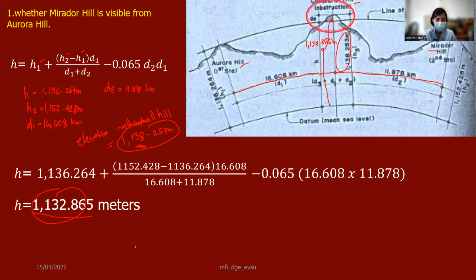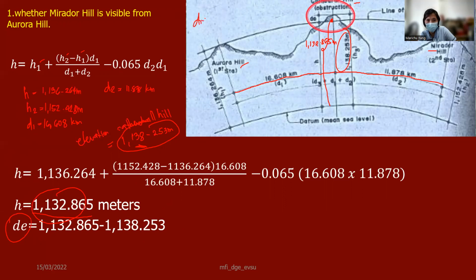So if you take the difference, that is yung DE. Take note yung ating DE. In the illustration, where is the DE? DE is this one. Yung amount ng naka-obstruct. Gano ba yung height yung naka-obstruct?